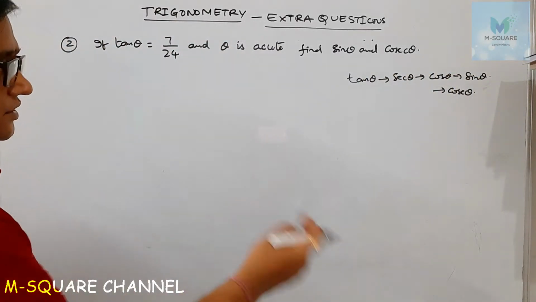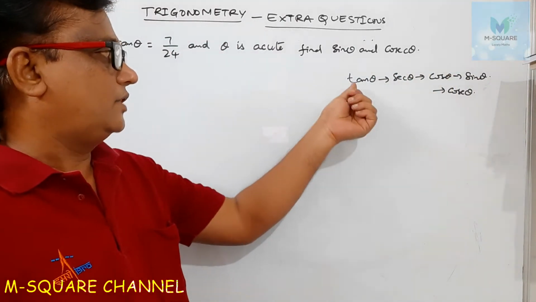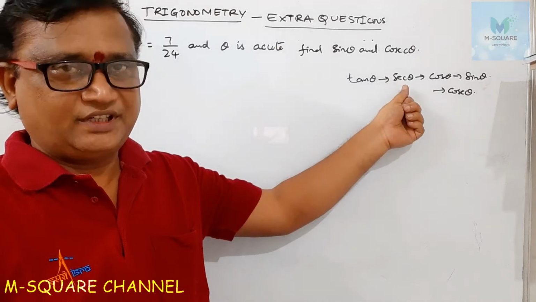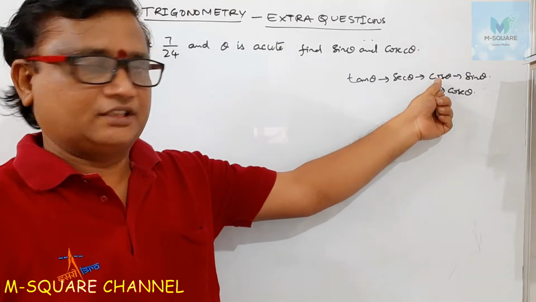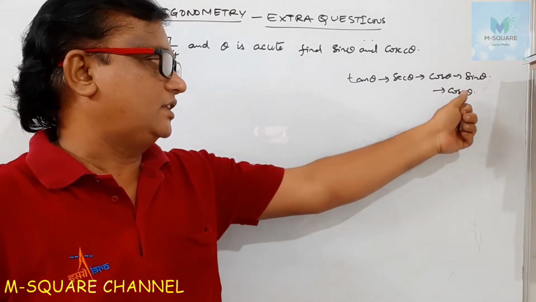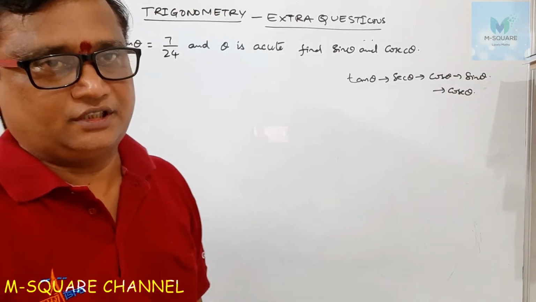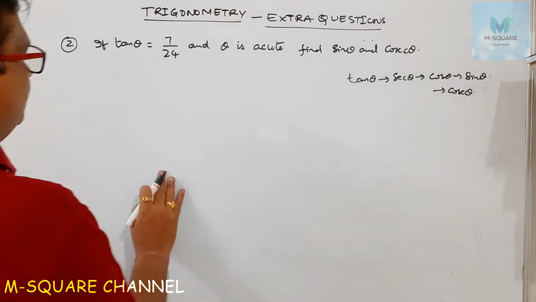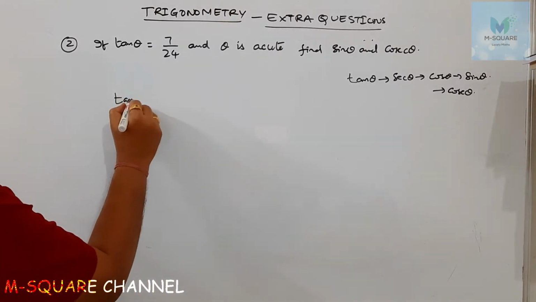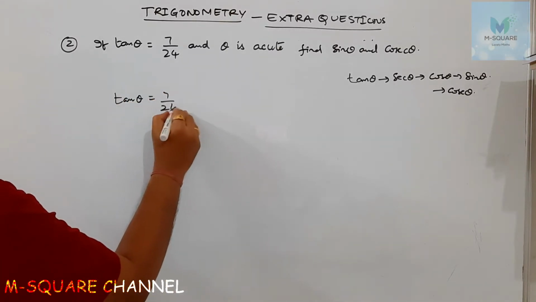This is the algorithm, the steps we are following. Like this you are going to follow. So first of all, tan theta equals 7 by 24.